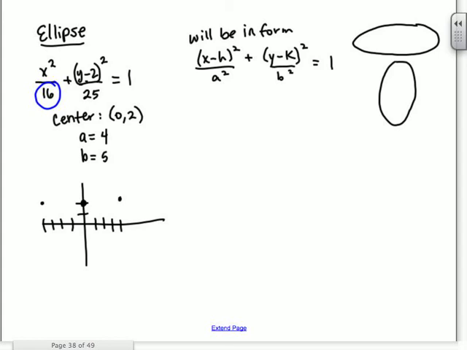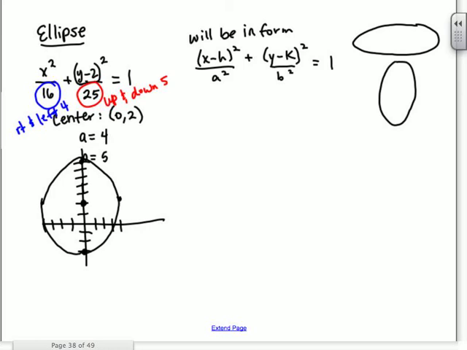And then whatever was under my y is how much I'm going to go up and down. Right and left 4, up and down 5. Okay. Those give me 4 points that allow me to draw in the ellipse. So it's like that.